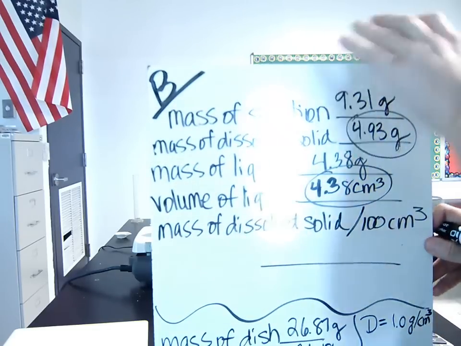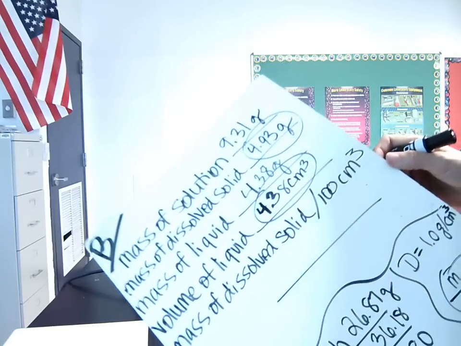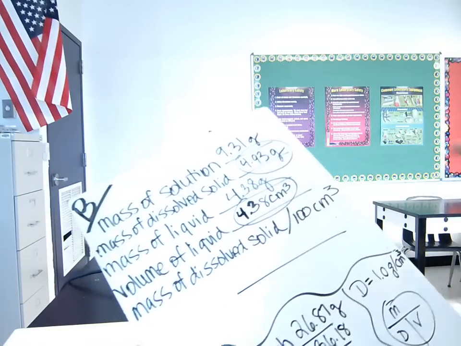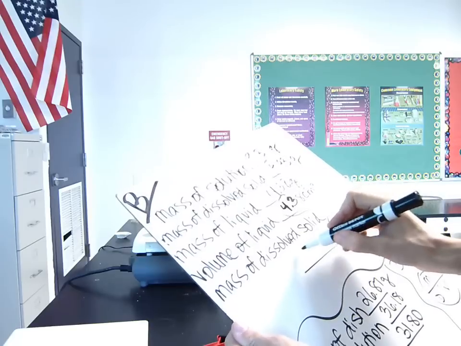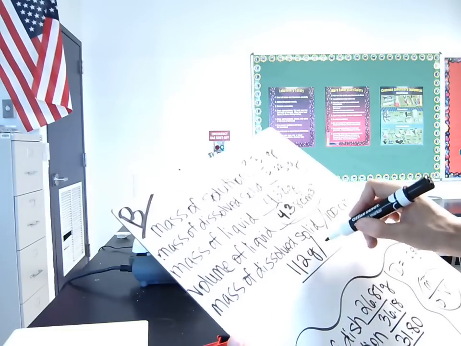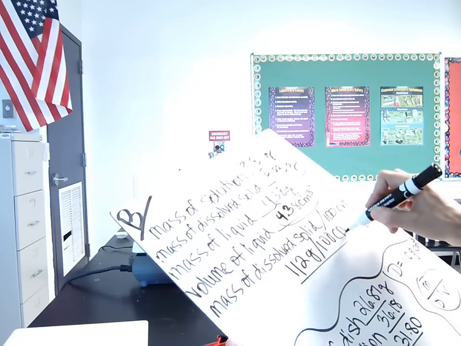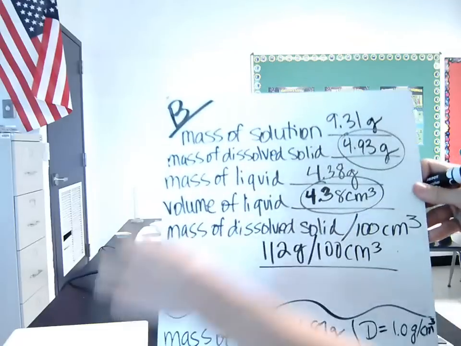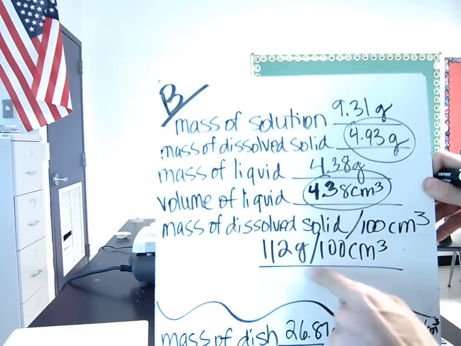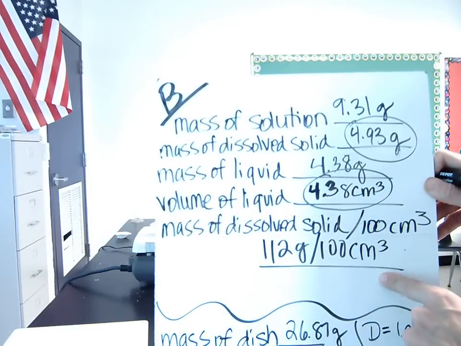All right, so this is a little bit high. I was hoping that the numbers would be better because we had time to make sure it got really dry. But it's a little bit on the high side, but that's okay. What we found with these numbers is that the concentration of saturated solution B is 112 grams per 100 cubic centimeters.